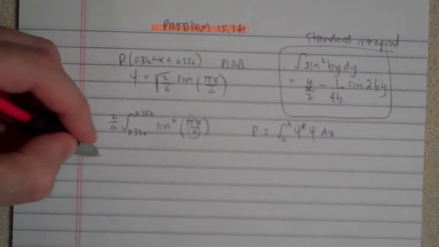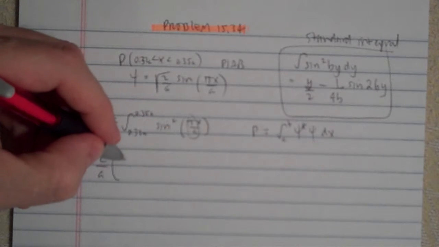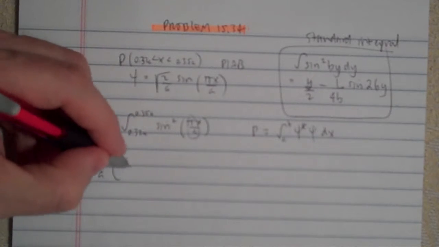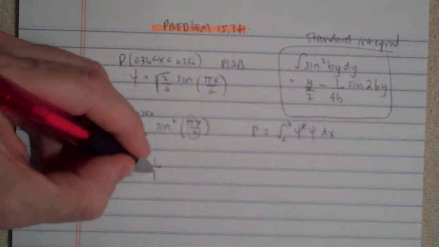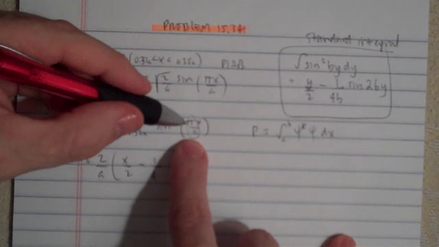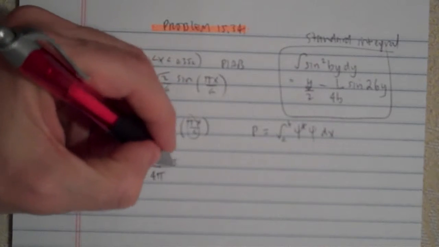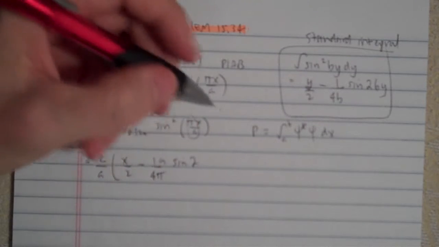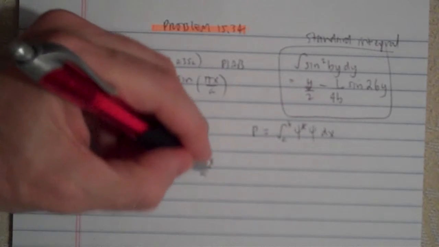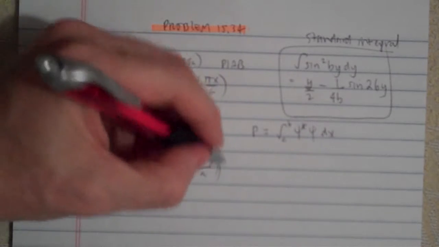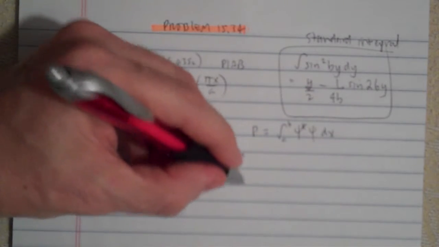So let's write this out. 2 over a, the y is just x, so it's x over 2 minus 1 over 4, and b is pi over a, so it's going to be pi over a sine 2 pi x over a. Okay, and this is from 0.32a to 0.35a.